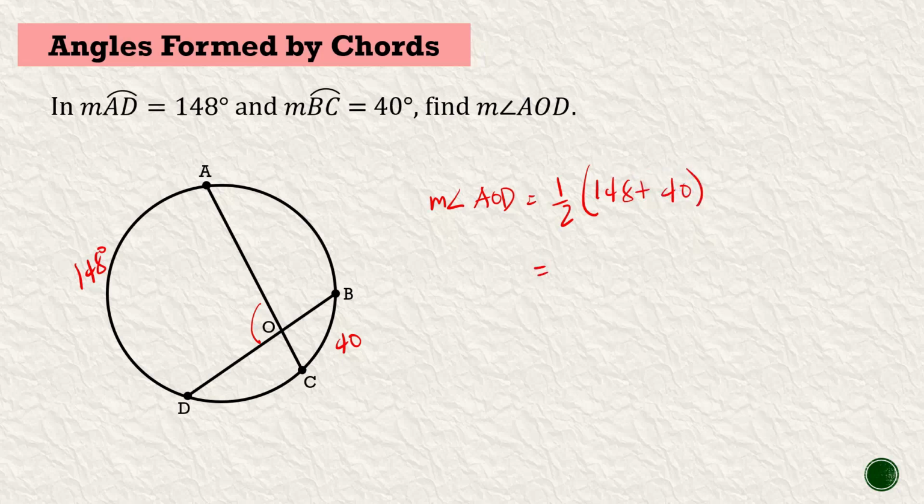So first, let's add 148 plus 40, and that's going to give us 188. So 1/2 of 188 is going to give us the answer to the problem, and that is equal to 94 degrees. Let's do another one.